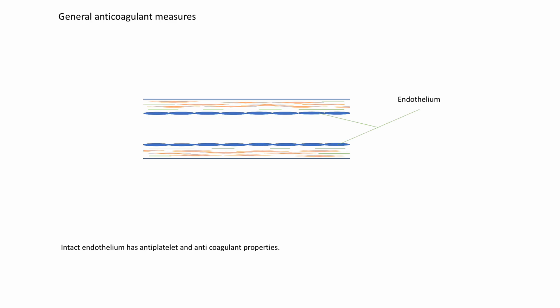Along with these specific measures, there are some general factors that also prevent formation of blood clots in normal circulation and also prevent spread of a blood clot. First of all, in normal circulation, intact endothelial cells provide a barrier to subendothelial procoagulant factors like von Willebrand factor and tissue factor.